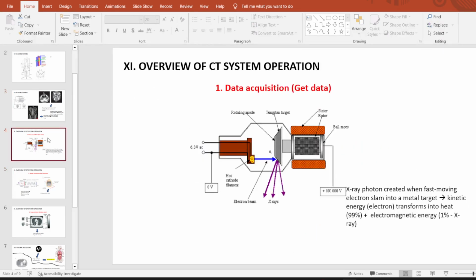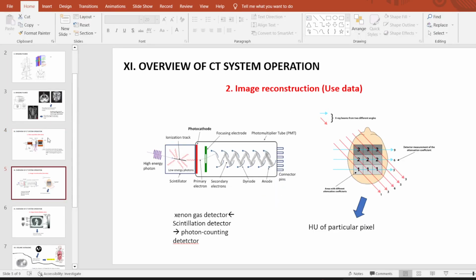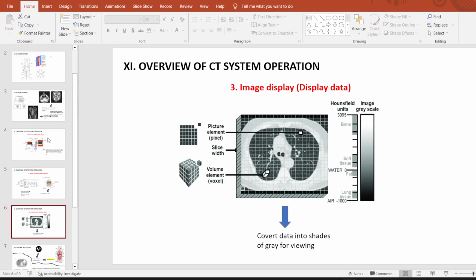That's how our system works, my friend. Data acquisition, image reconstruction using the data, and image display.